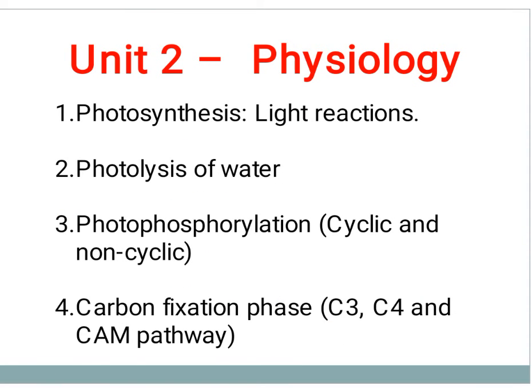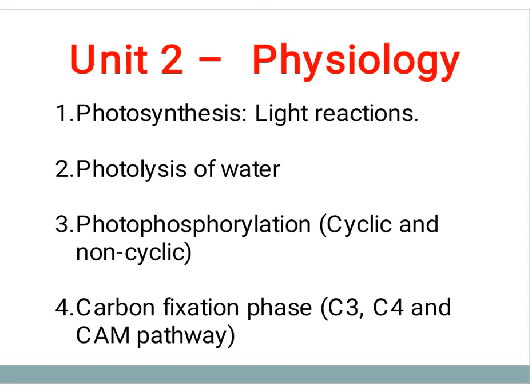Unit 2 will be physiology, and physiology deals with the study of internal processes of the plant. This entire unit is nothing but a revision of your 12th science chapter on photosynthesis. In this unit, the first topic is photosynthesis, which includes light reaction. The second topic is photolysis of water, which means Hill's reaction.